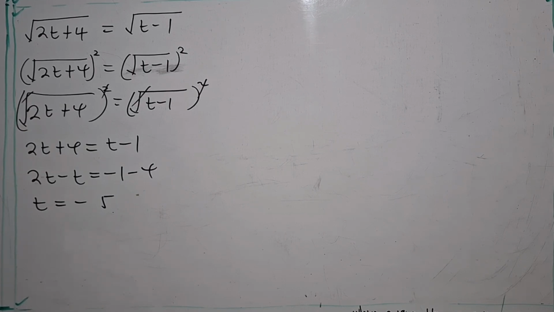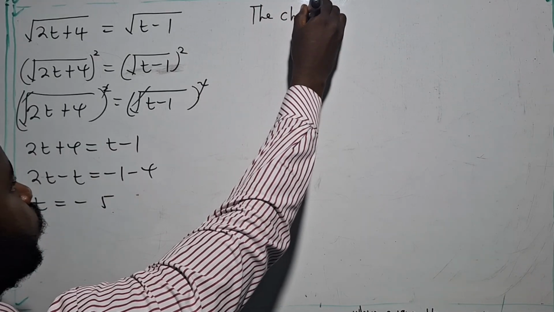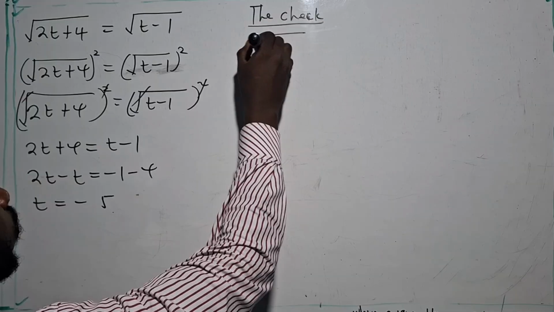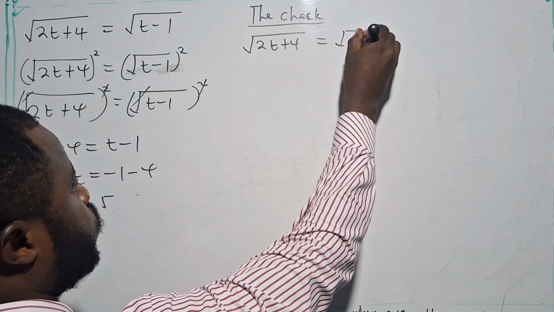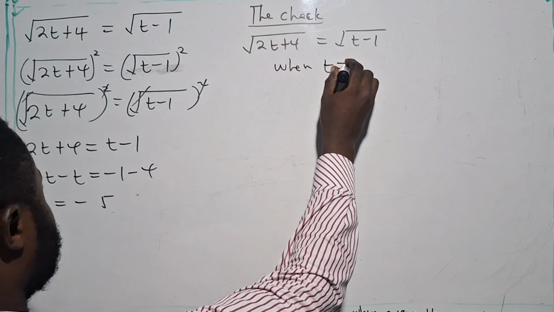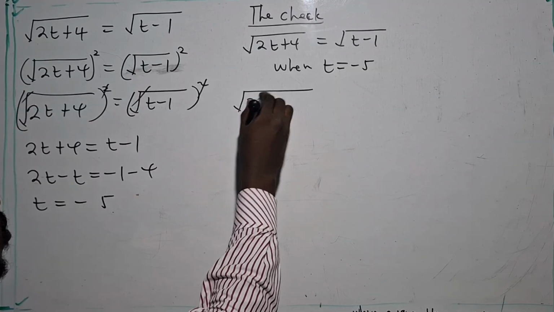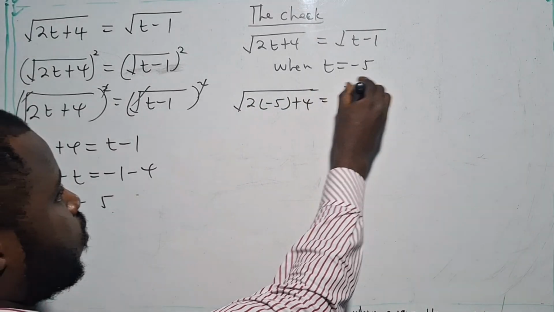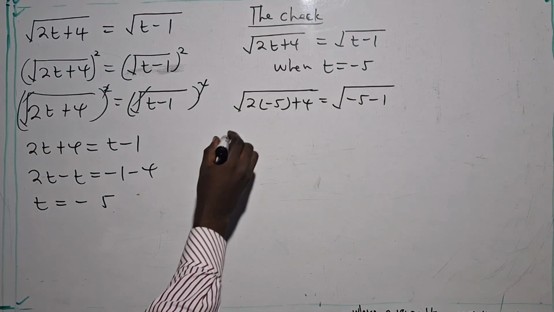So let's do the check. We take 2t plus 4 is equal to t minus 1. So when t is negative 5, we put them in. Plus 4, negative 5 minus 1.